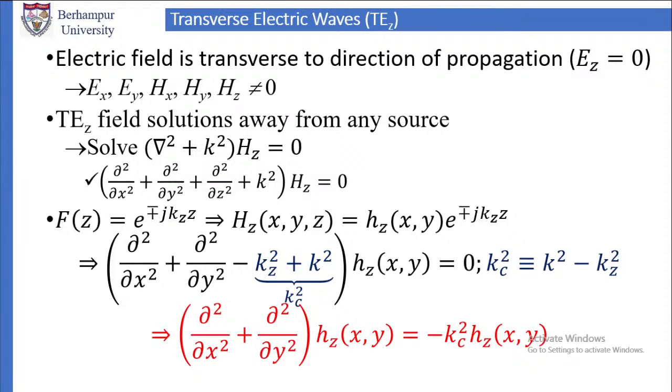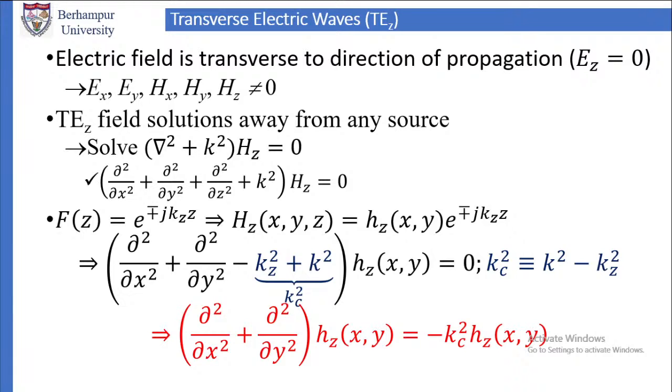So Hz, a function of x, y, z, is equal to small hz, a function of x and y, which contains the transverse variation, times the longitudinal variation exponential minus plus j k subscript z into z.